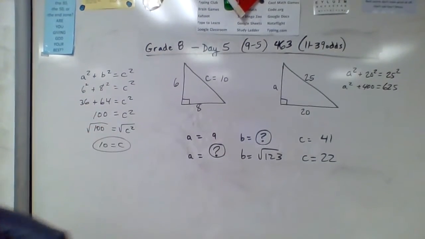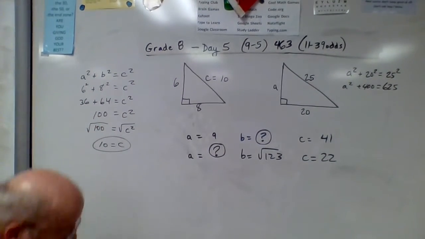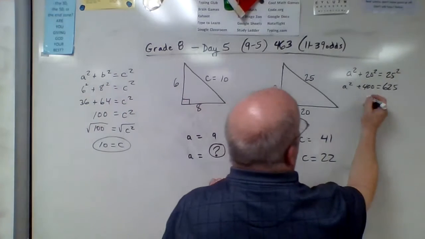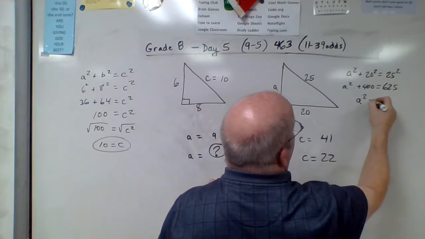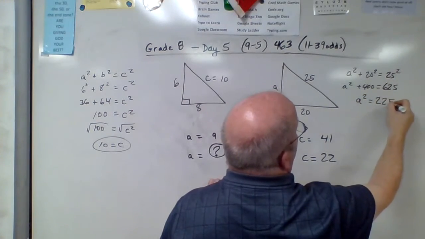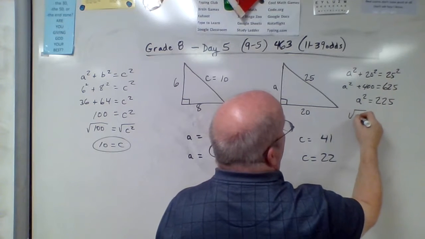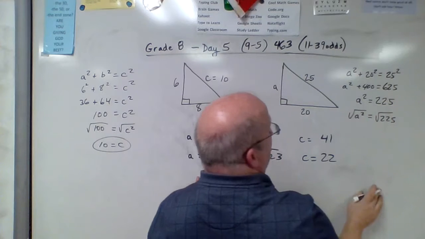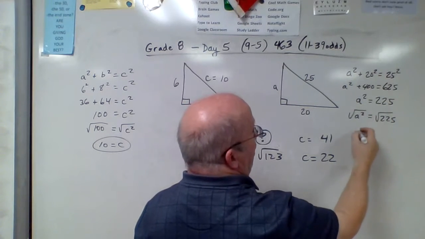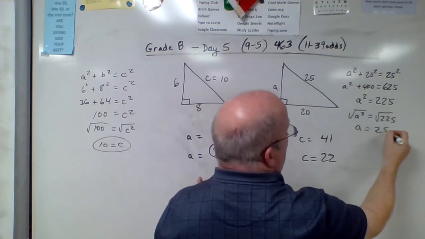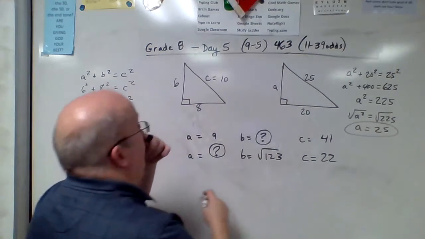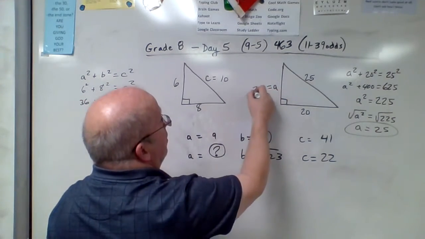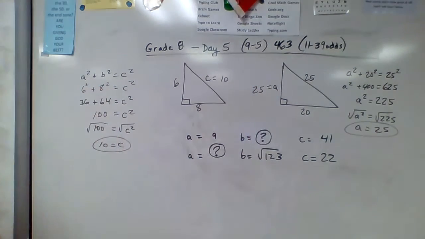How do we get a by itself in this case? We're going to subtract 400 from both sides, and when we do that, we get an a squared of 225. We then do the same operation of taking the square root of both the left and the right sides, and we get an a value of 15. So our a here is 15.